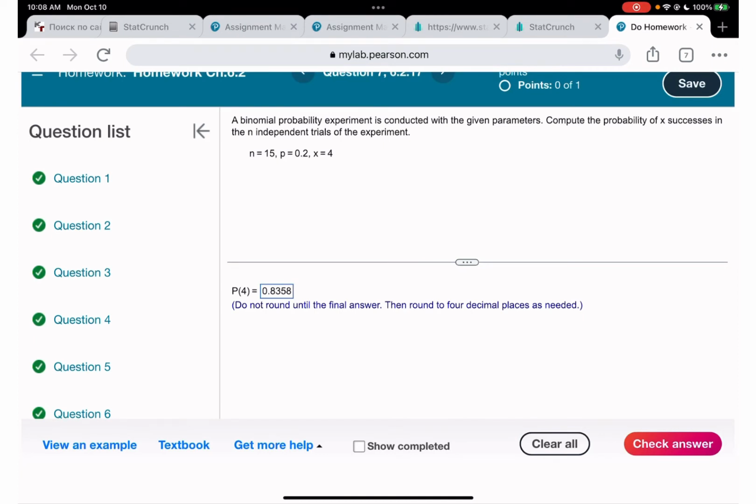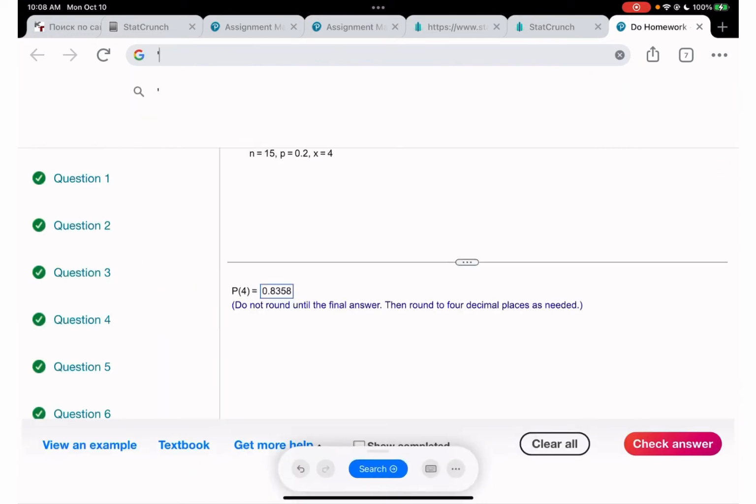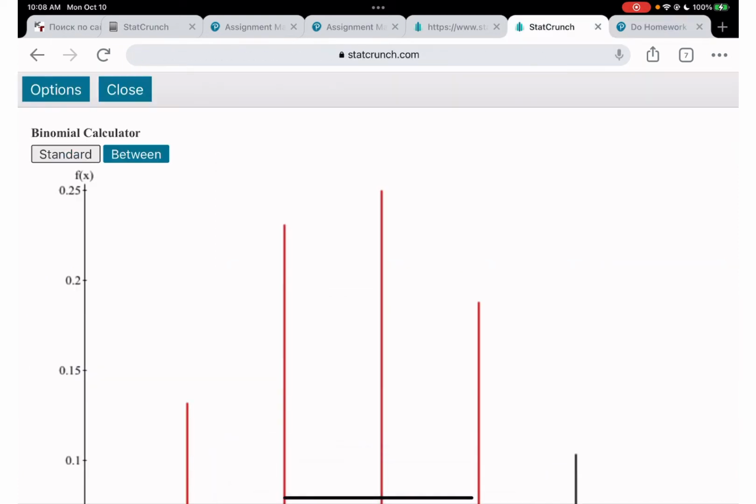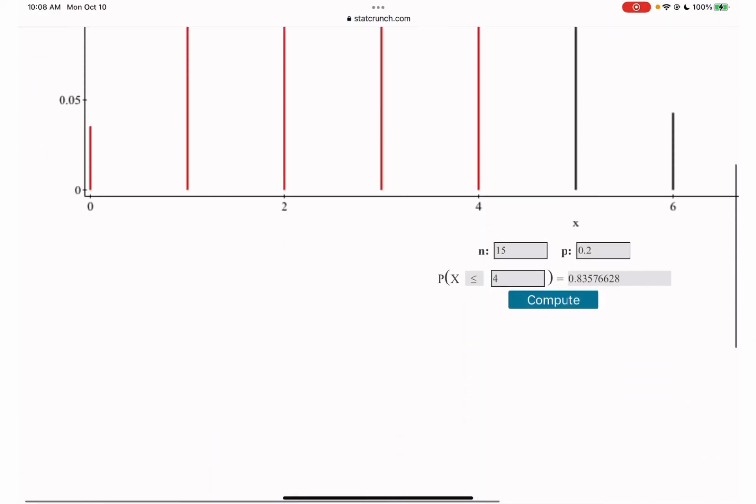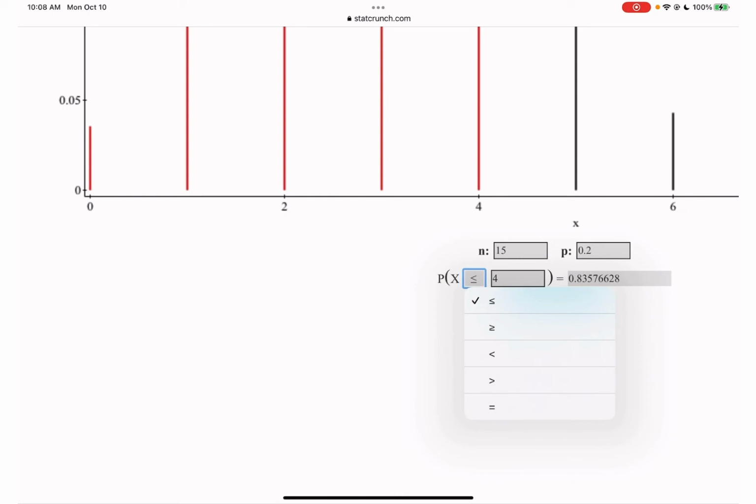Why is it incorrect? Going one more time. Ah, we have an equal sign. Okay, well then put specifically the equal sign. That's why. I didn't know it has specifically equal.